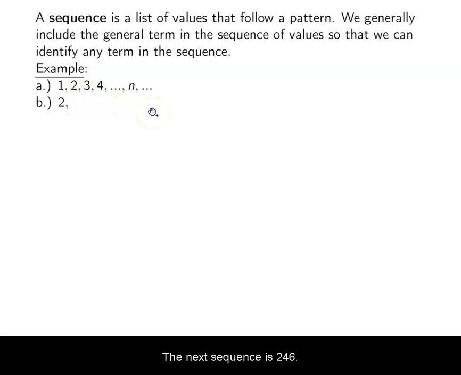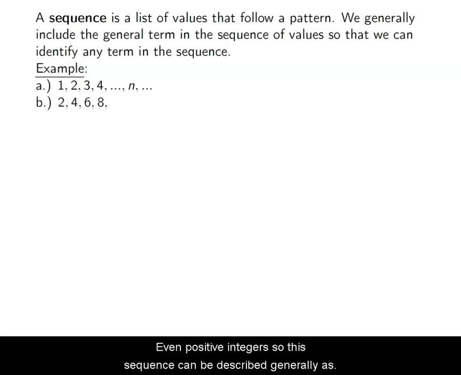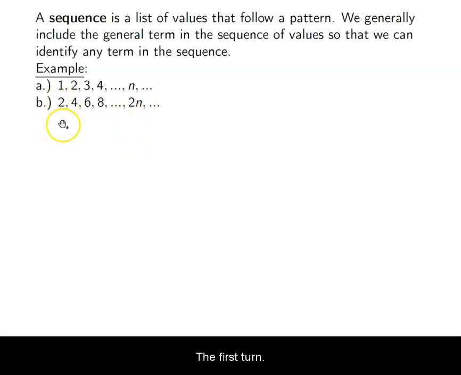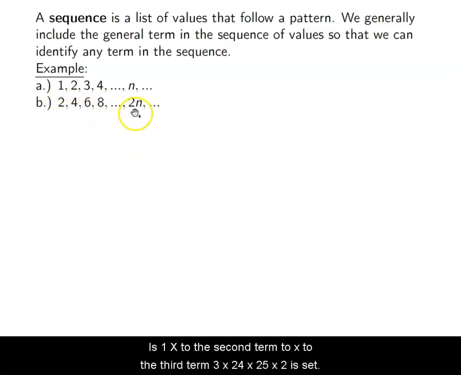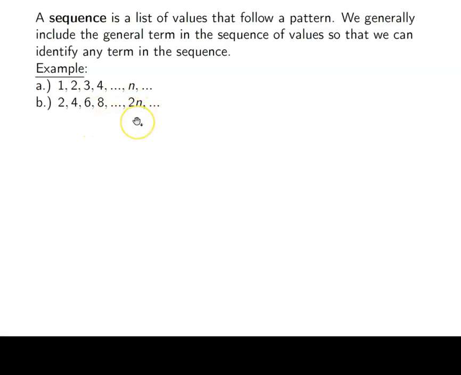The next sequence is 2, 4, 6, 8, the even positive integers, right? So this sequence can be described generally as 2n, right? The first term is 1 times 2. The second term, 2 times 2. The third term, 3 times 2, 4 times 2, 5 times 2, etc.